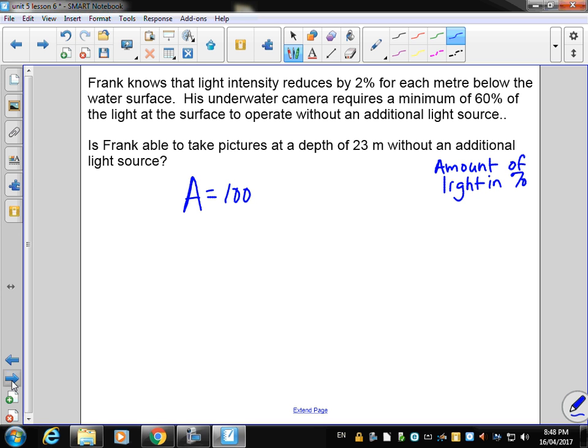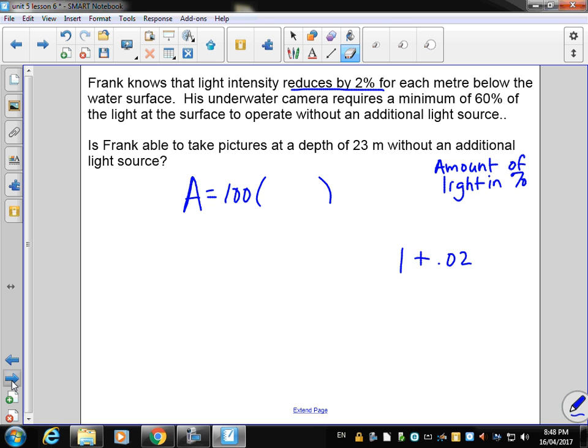And as we go each meter below, we're going to lose 2%. So what is my base or my rate of growth if I'm losing 2%? So the temptation is to say it's like the other ones. We would have 1 plus 0.02. But I'm not increasing 2%, I'm losing 2%.